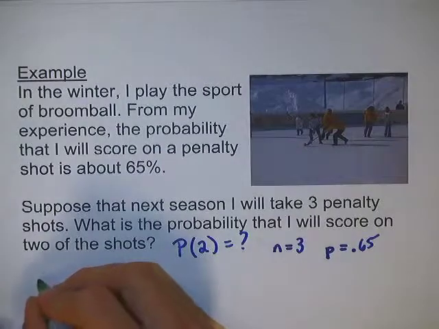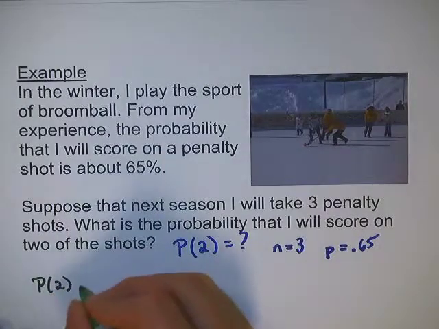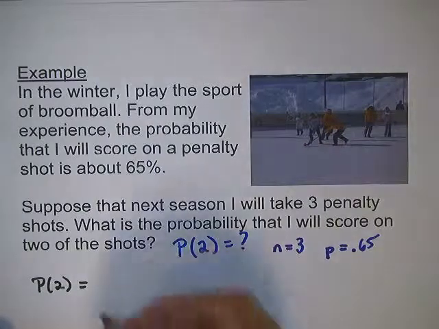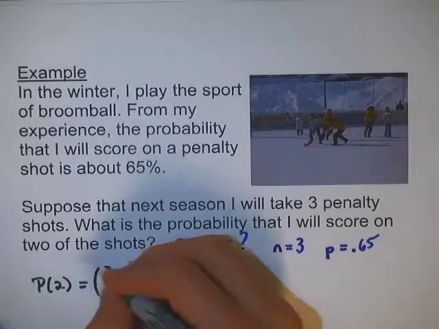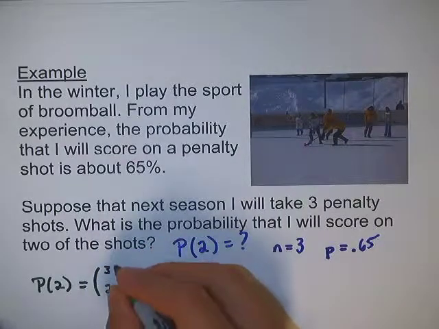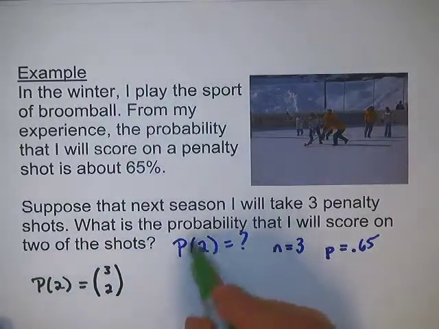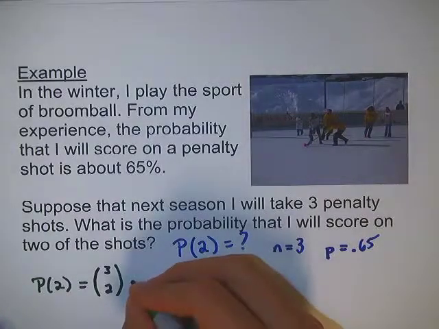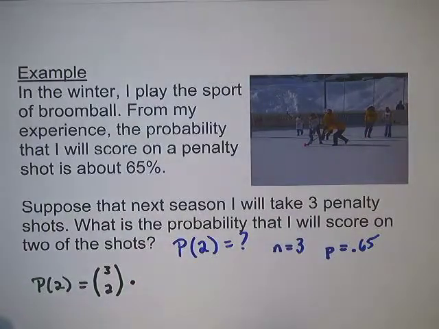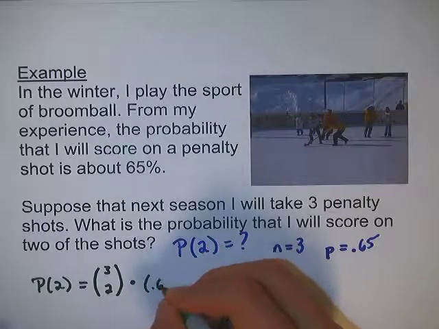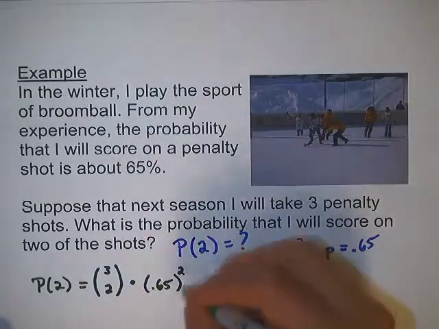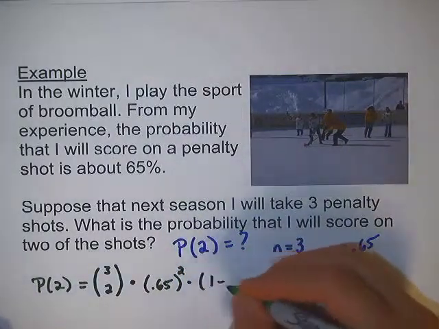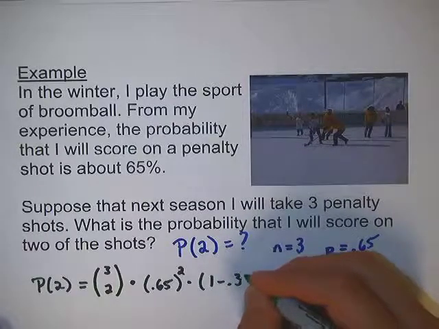It's going to be the probability of 2, and that's going to equal, now it was n choose k. So n is 3 and k is 2. I'm looking for 2 successes. Then I need to multiply that by the probability of success to the power of k. So it's going to be 0.65 to the power of k, which is 2, times 1 minus the probability of success.